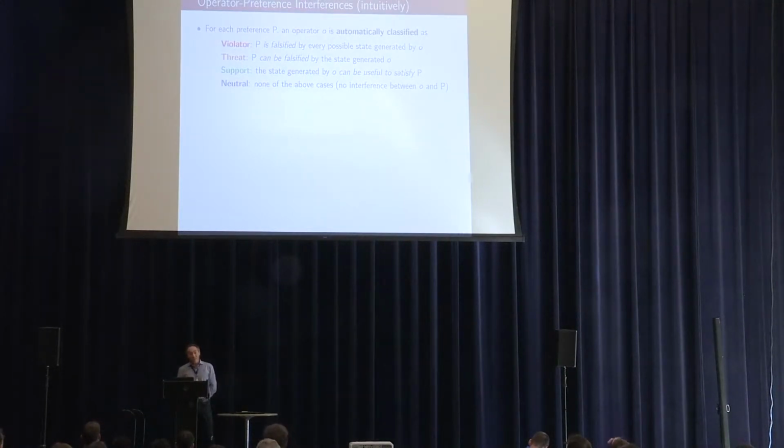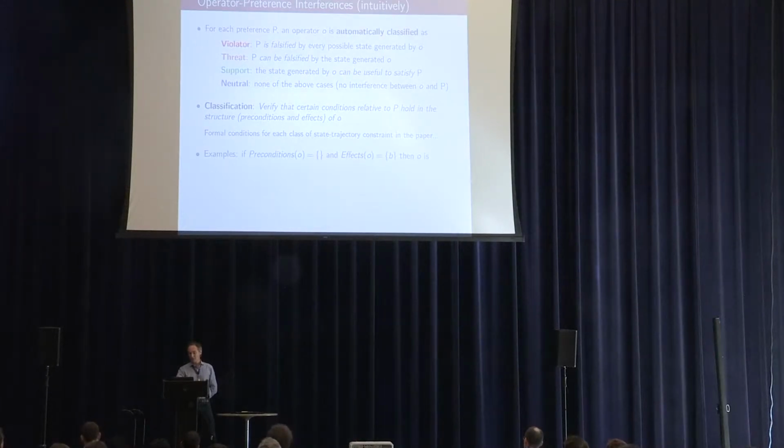It is a threat if the preference could be false. It is a support if the operator is somehow useful to make the preference satisfied, and neutral if there is no interference. So the classification is done in an efficient way by checking particular conditions of the preference against the operator. And the formal definition of this condition is in the paper.